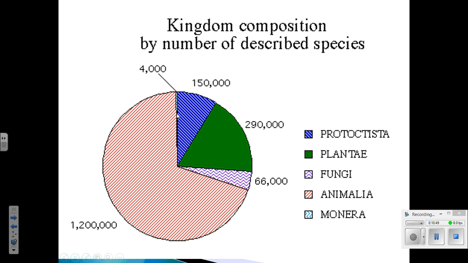This little tiny sliver is the Monera, which is the 2 bacteria kingdoms combined. That number is growing by the day as we discover new bacteria. Protists, here's the plants and the fungi. So obviously the animal kingdom has a lot, but if you were to look at population size, the bacteria outnumber all species on Earth as far as how many there are.